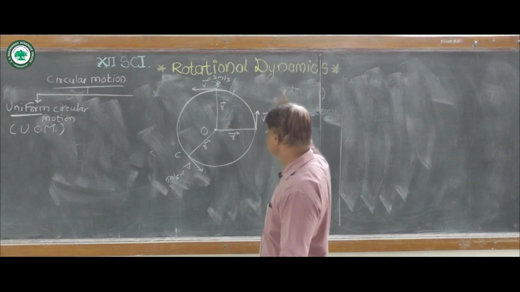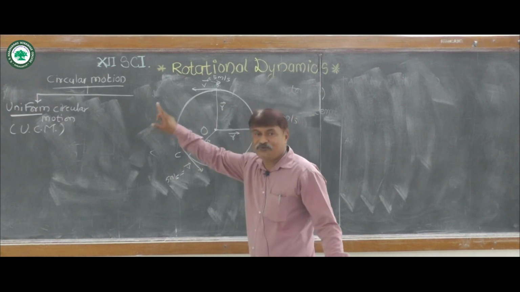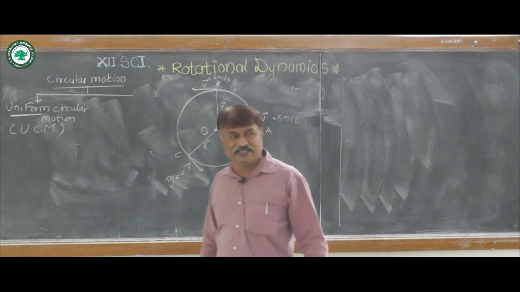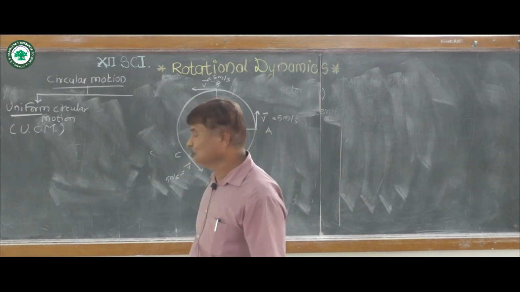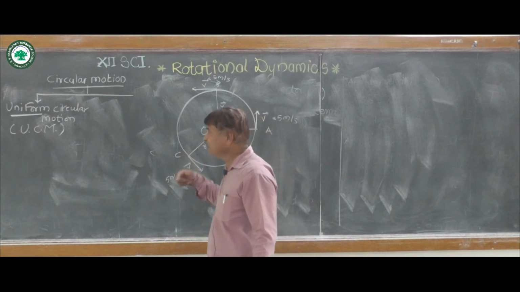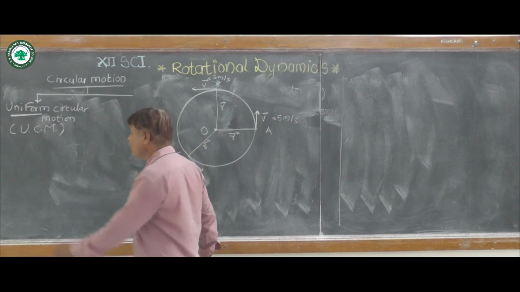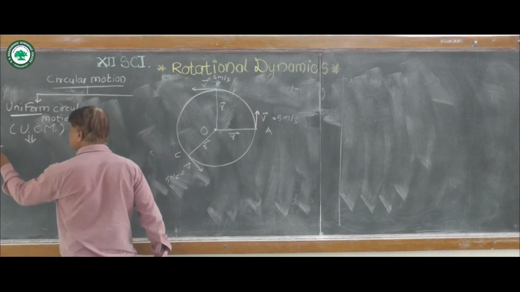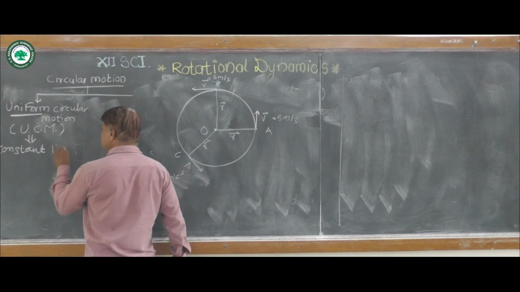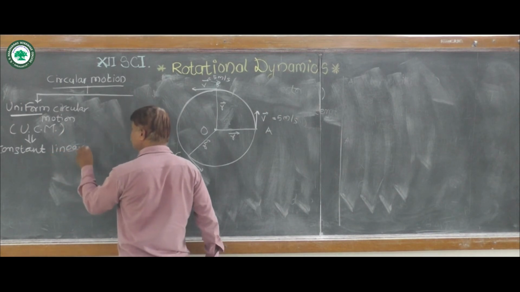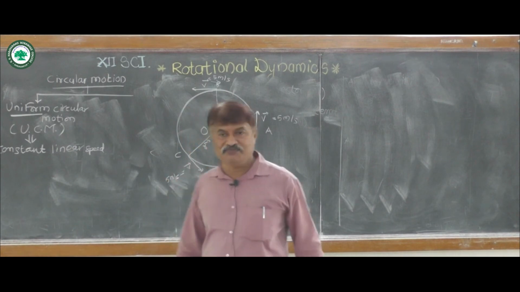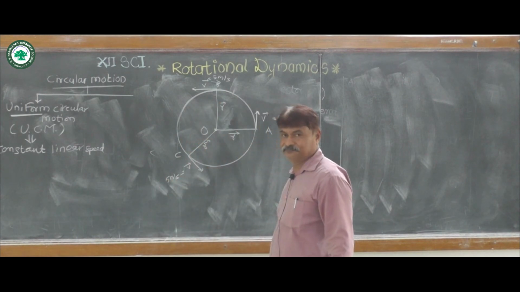That's why such circular motion is called uniform circular motion. Now we again concentrate on the definition: the motion of an object along the circumference of a circle with constant linear speed is called uniform circular motion.